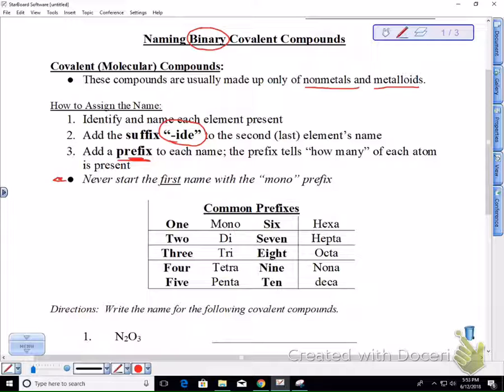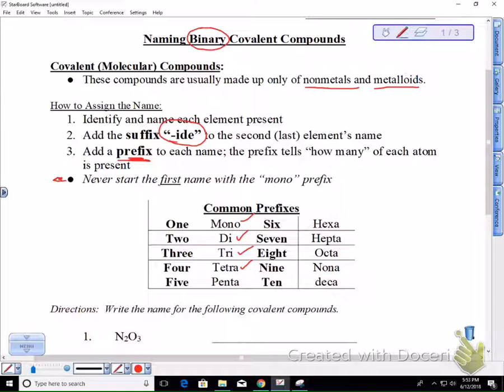So let's look at those prefixes. 1 through 4 are kind of arbitrary. In the covalent system, for 1, we're going to use mono. 2 is di. Many of you are going to try to use bi from time to time, but don't do that. We're going to use di. 3 is pretty easy, tri. 4 is unusual, tetra, as in a tetrahedron.